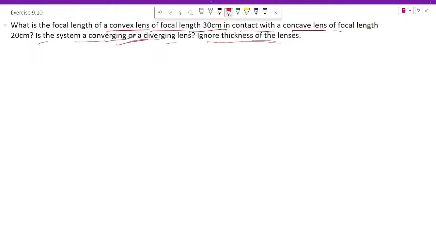Now we know that the effective focal length is given by 1/f effective equals 1/f1 plus 1/f2 and so on. Here we have been given only two lenses, so we will take f1 and f2 only. Now f1 in the case of the convex lens is positive, and f2 in the case of the concave lens is always negative.